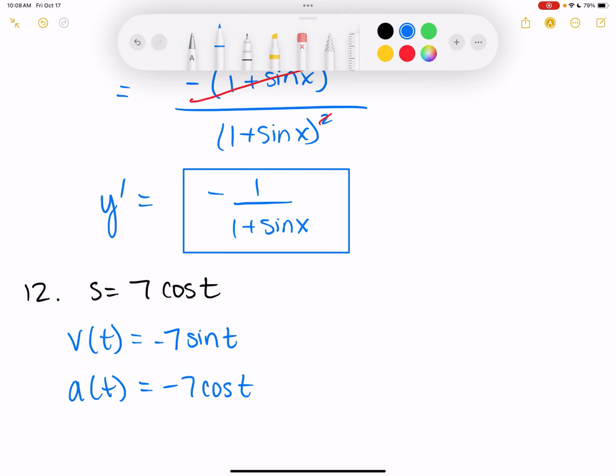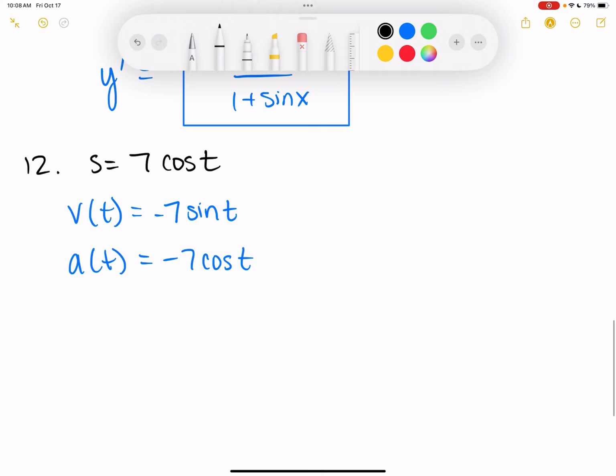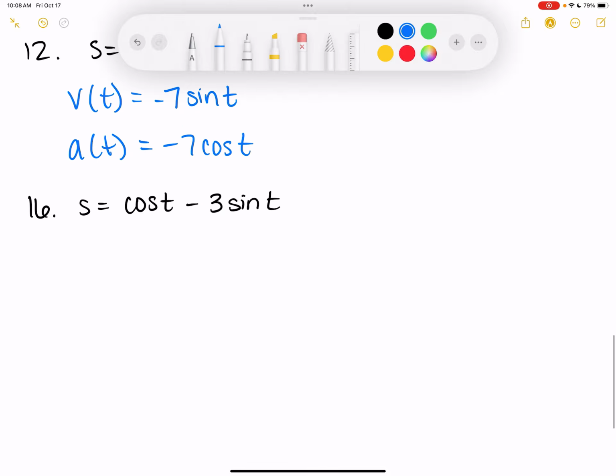So 16, we've got s equals cosine of t minus 3 sine of t. I'm going to do all the part A things going down, and then I'll do the t equals pi over 4 over here after we find them, just so we can have everything together.